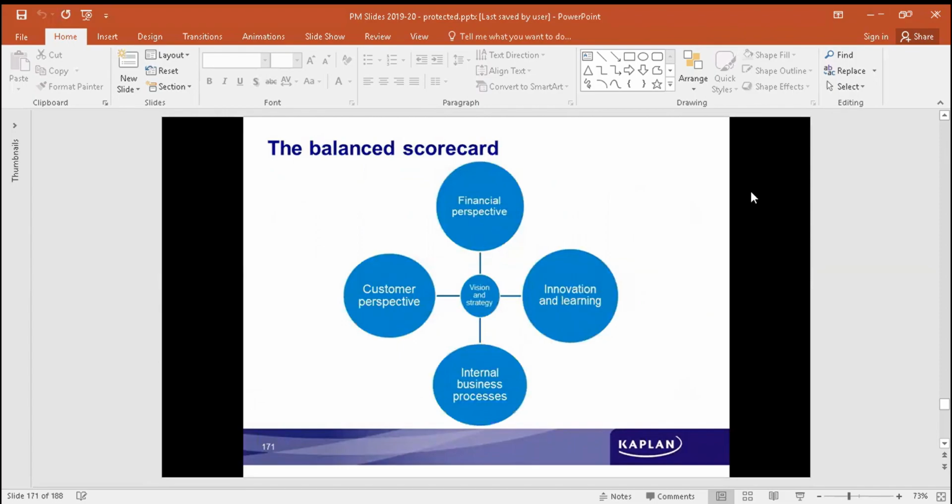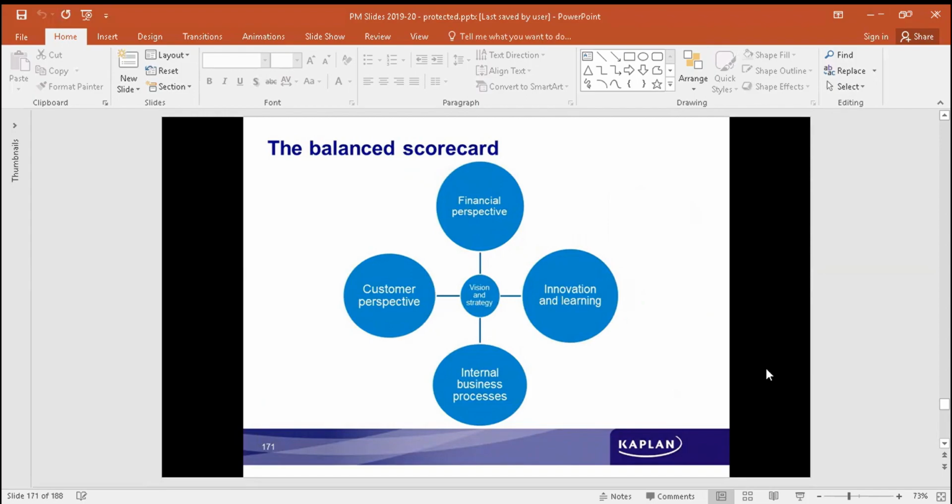In connection with performance measurement, there is a model called the balanced scorecard model, which is used to measure performance. I'll explain this and I'll wind up the class.